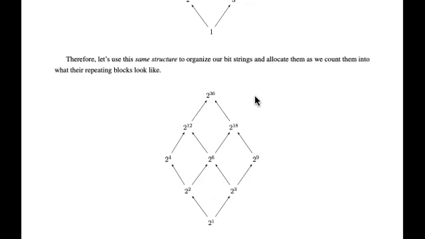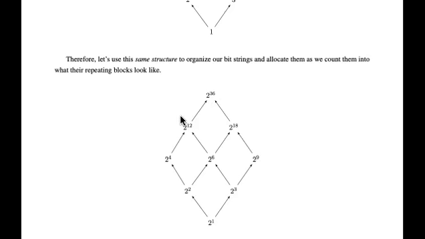How is this useful if we're just considering strings of size 36? Well, realize that the number of strings of size 36 that are made up of a repeating block of size 12 is actually equal to the number of strings of size 12. Because every string of size 12 can be related directly, just by repeating it, to a string of size 36.